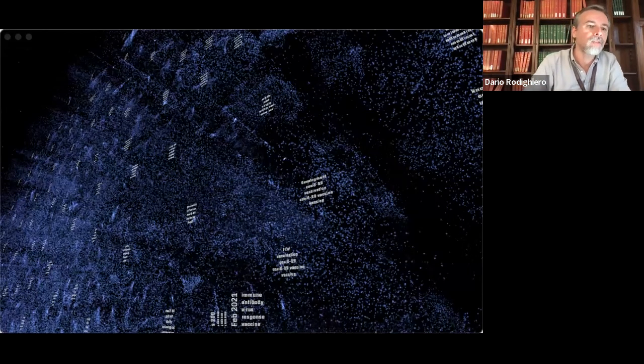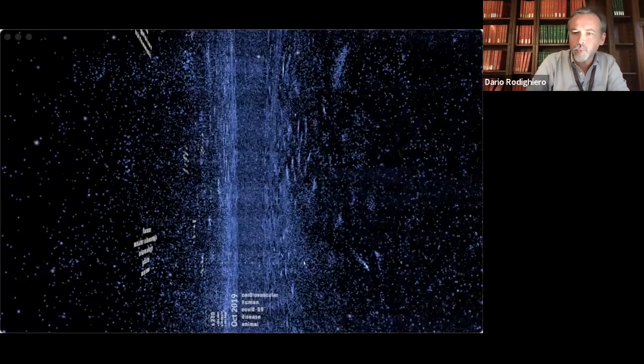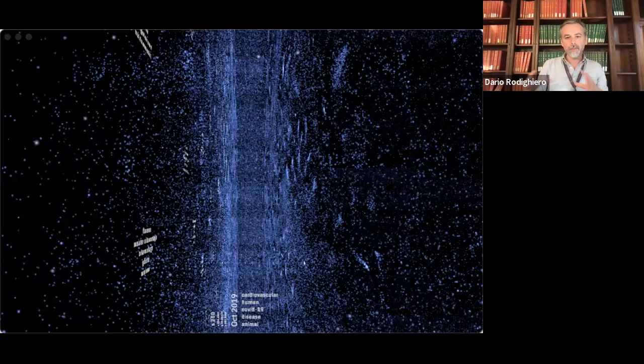And what was interesting compared to other visualizations I was doing previously is that we created a three-dimensional object, and so this object was based on the linguistic distance on 2 dimensions, but the third one was related to time. And you see this kind of Milky Way.